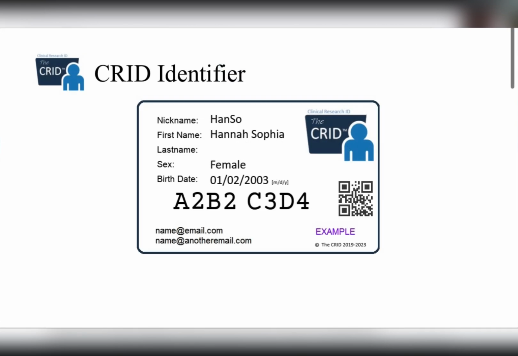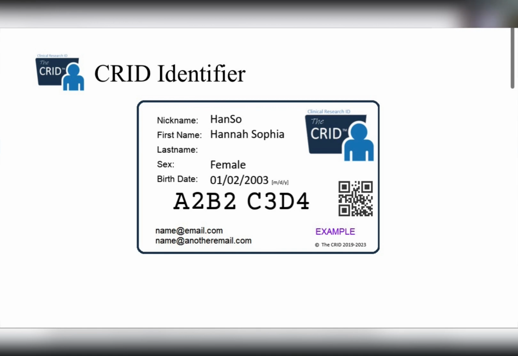We collect a nickname, first name, last name, sex, date of birth, and also some optional information about your child's condition. And this is the random unique identifier that's generated. It consists of letters and numbers, and it doesn't use ones or zeros or I's or O's or L's because they can be confused.